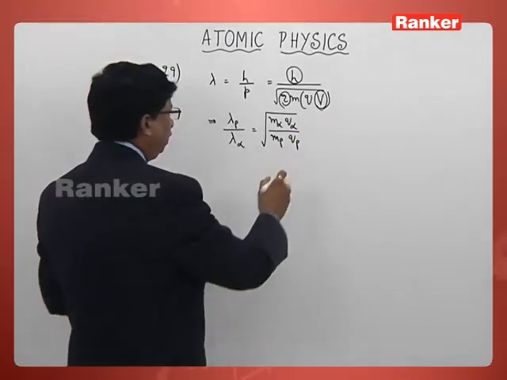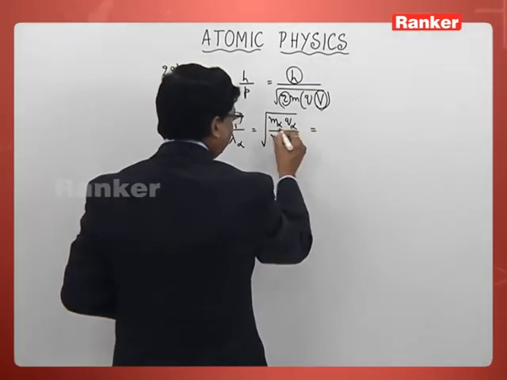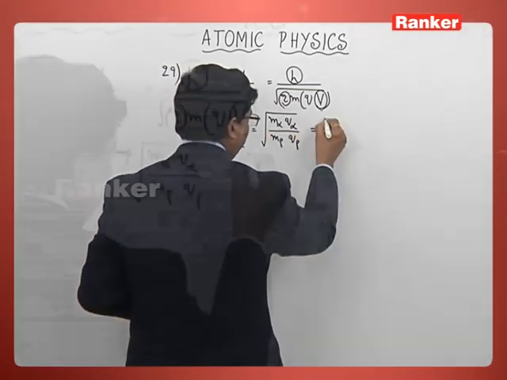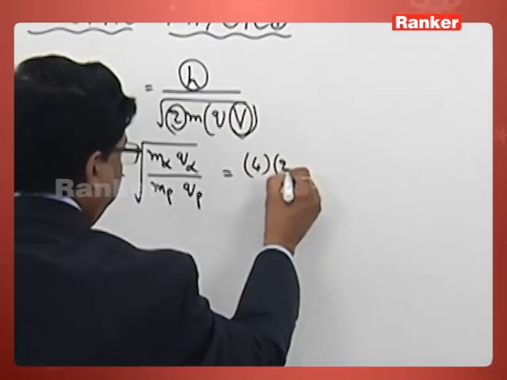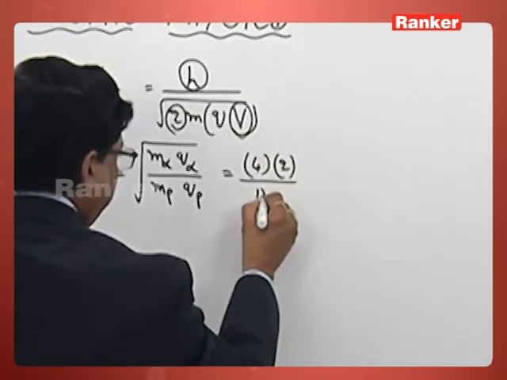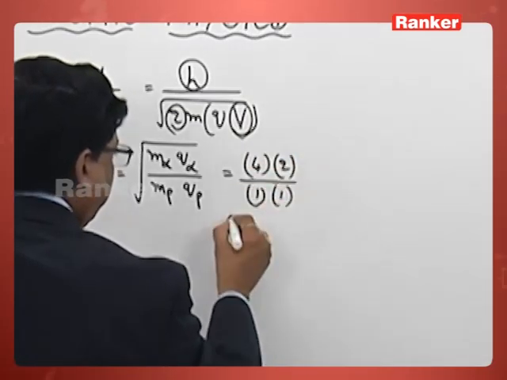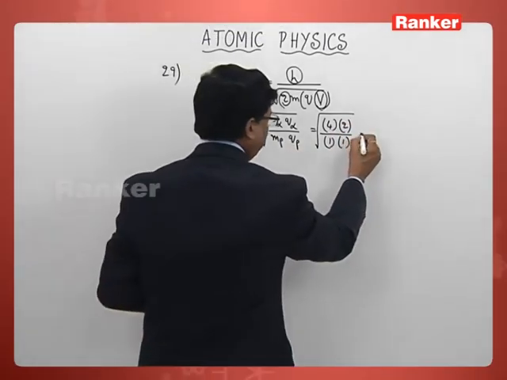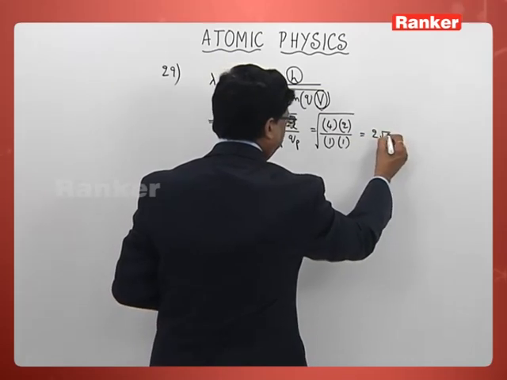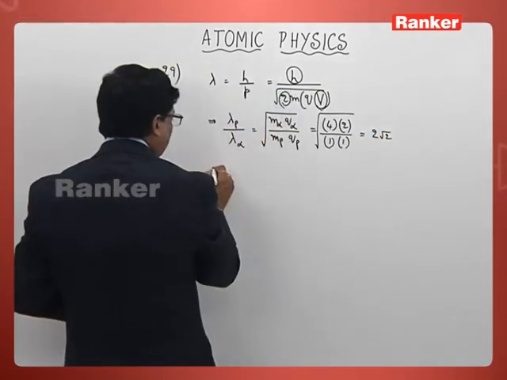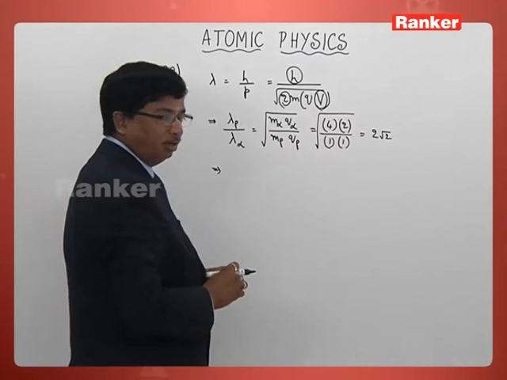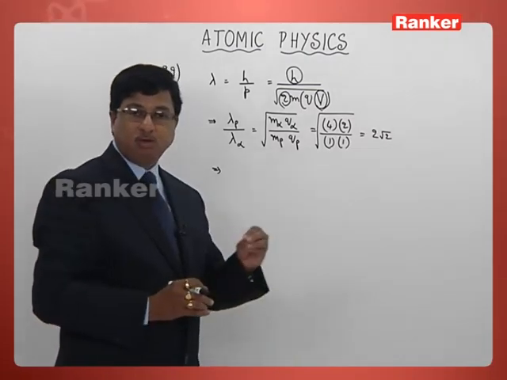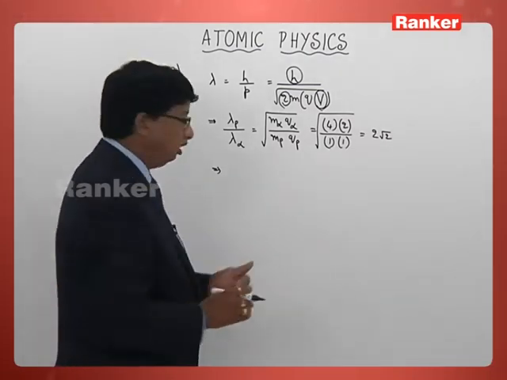So what can we write now in this case, please? Mass of alpha particle is 4 units, charge is going to be 2 units, divided by mass 1 unit for a proton, and the charge also is going to be 1 unit for the same proton. So it comes to be 2 root 2. So what is the question he is asking? What is the de Broglie wavelength of the alpha particle?